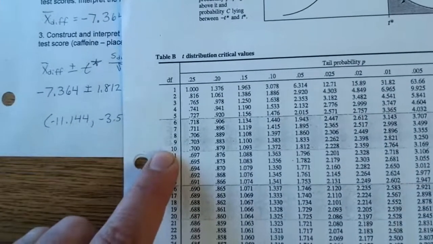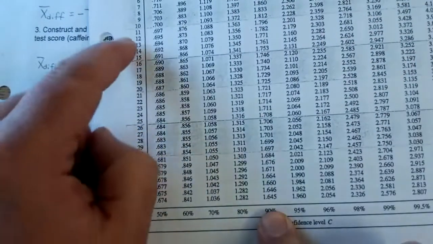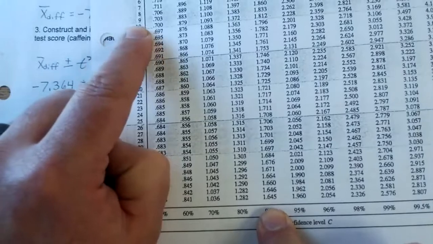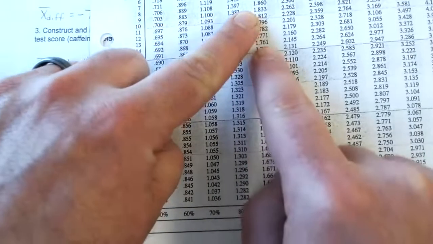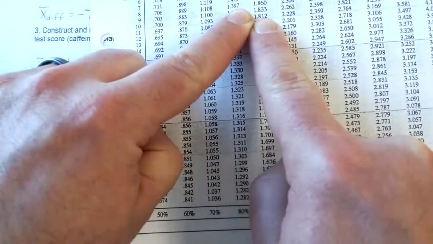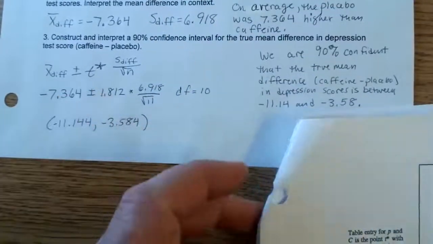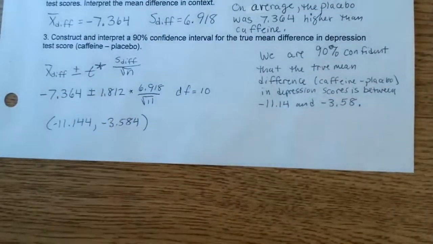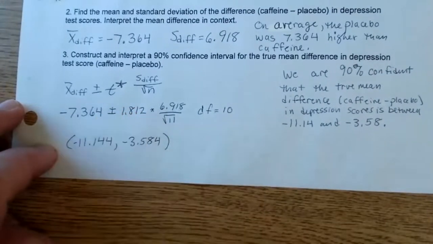And our confidence level, we can find that at the bottom, which is 90%. And we kind of work our way together with those two directions. So to the left of 10 and up from 90. And we get this 1.812. And that's where they got that number from. Okay, so if you have to show your work by hand, the only thing that you need to figure out is that critical T. If you're doing this on a multiple choice, you don't have to worry about that.